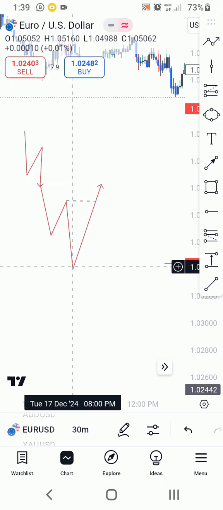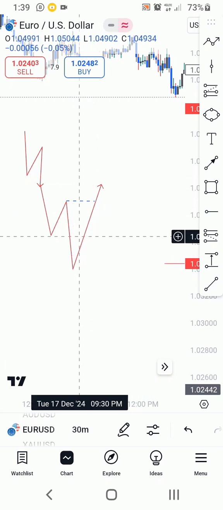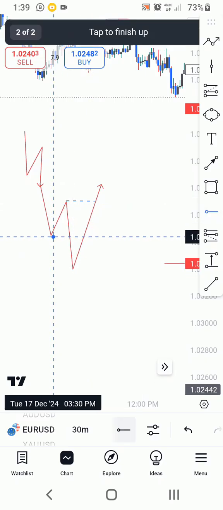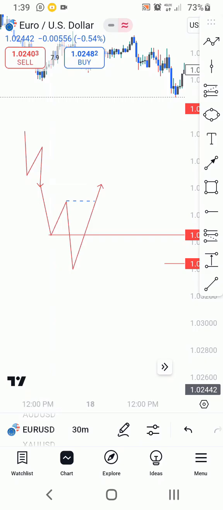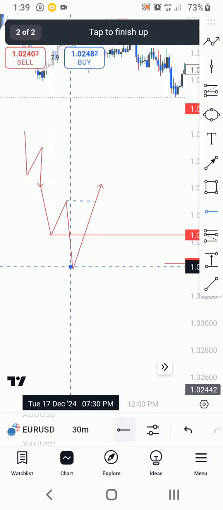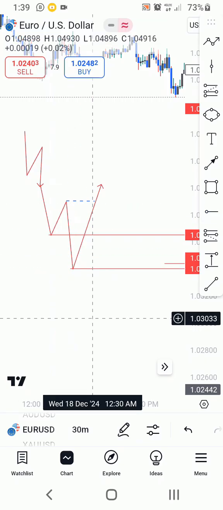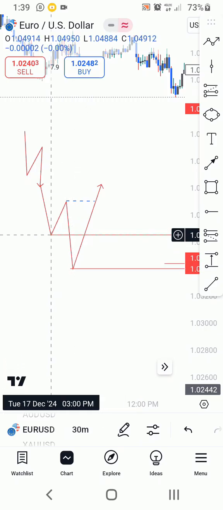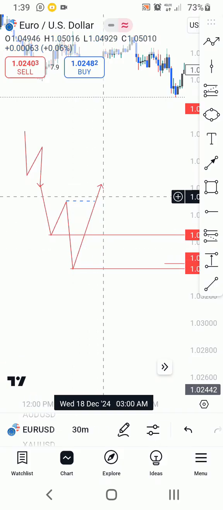You first find the one which was last made, then you find the previous one before that, meaning it is supposed to be this one. Low, high, low, shifting.